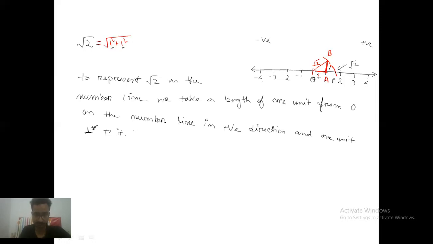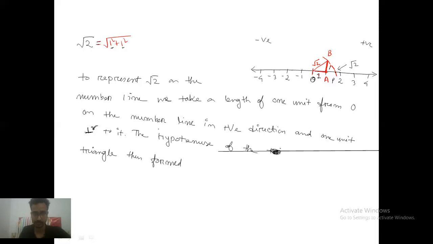Write down: the hypotenuse of the triangle thus formed. Now see, this is a triangle, no?